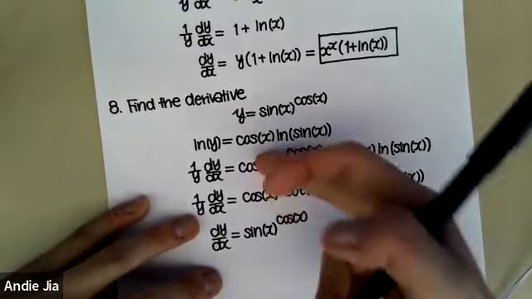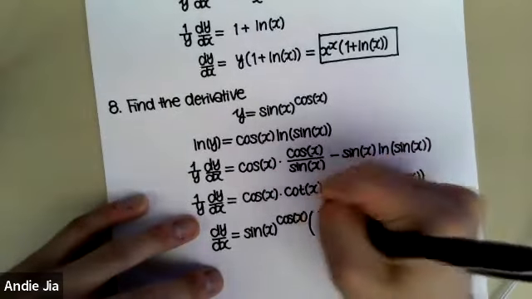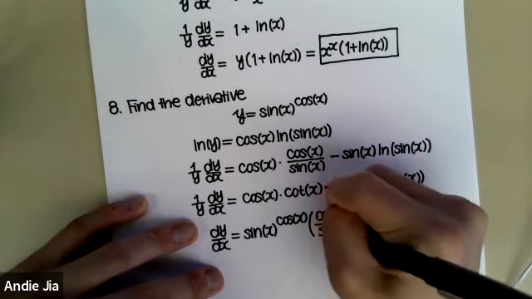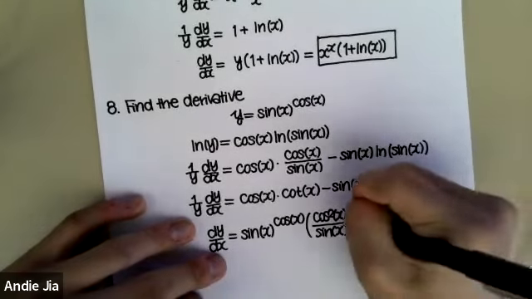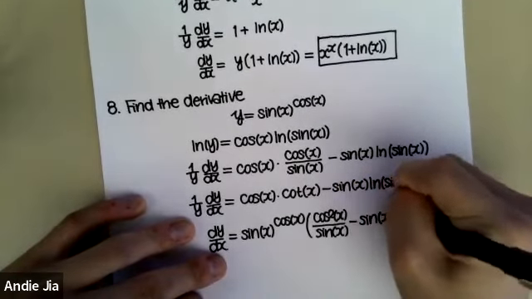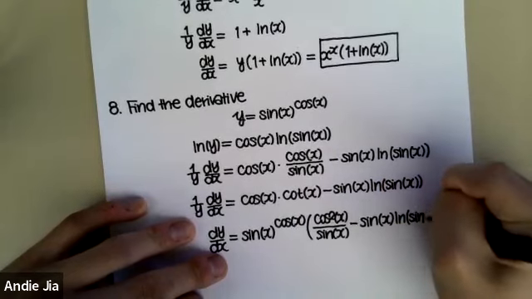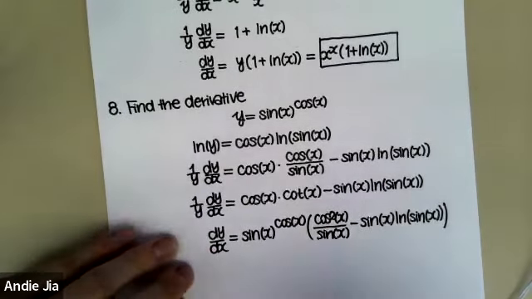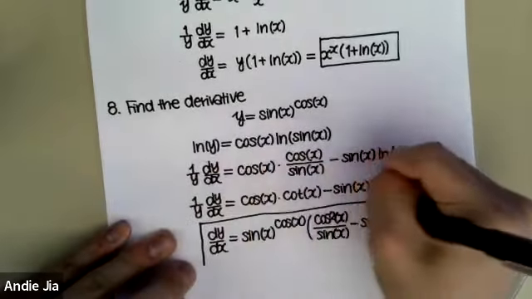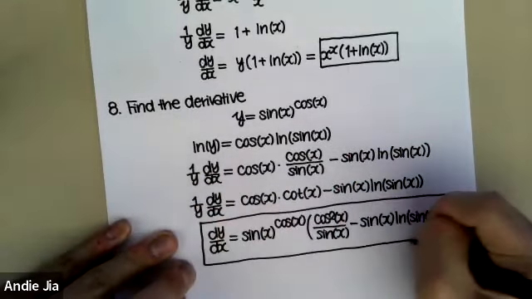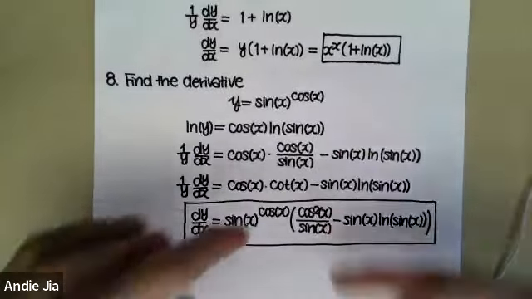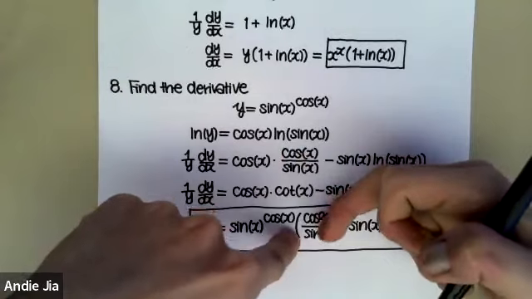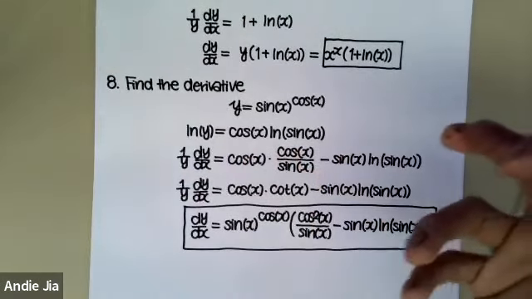Or you can write this as rational functions, minus sine of x times natural log of sine of x. Yep, that is what we want. Basically they're the same form, but I just multiply cosine in the numerator, and cosine over sine is cotangent.